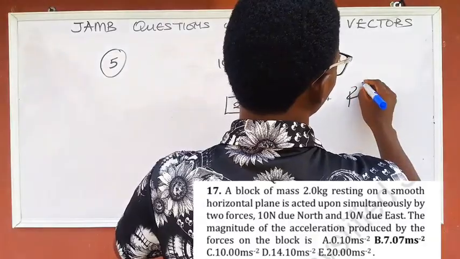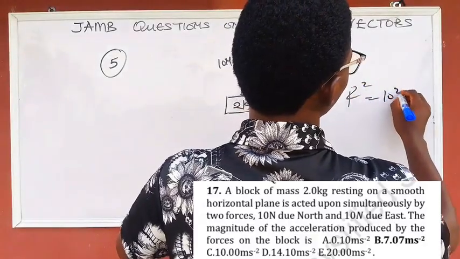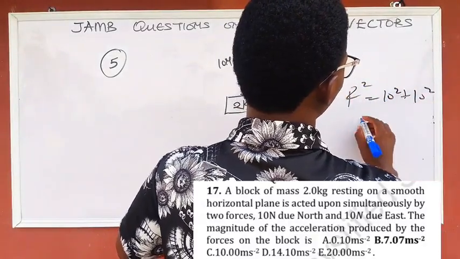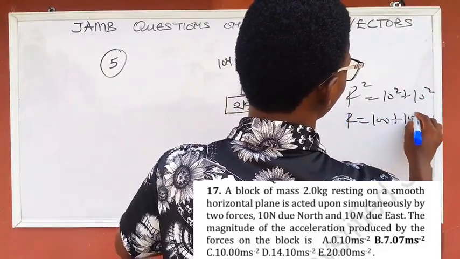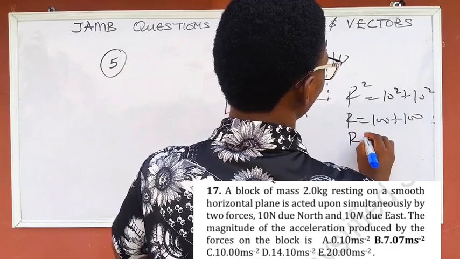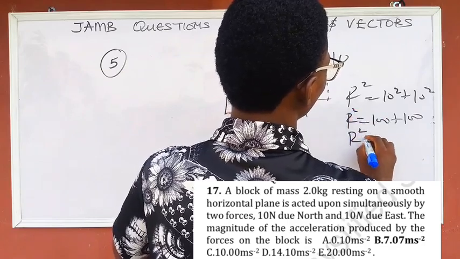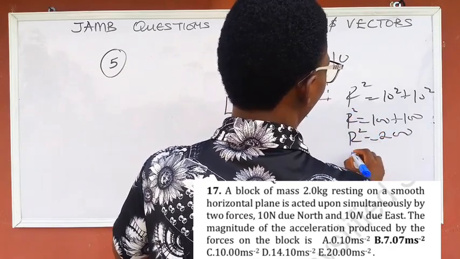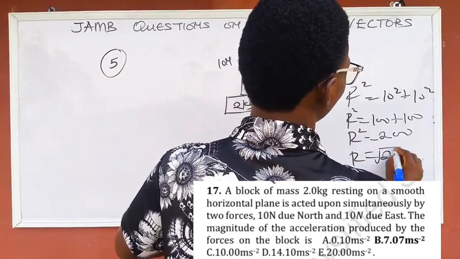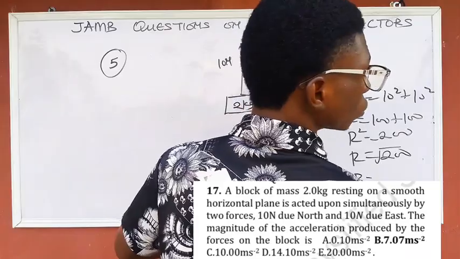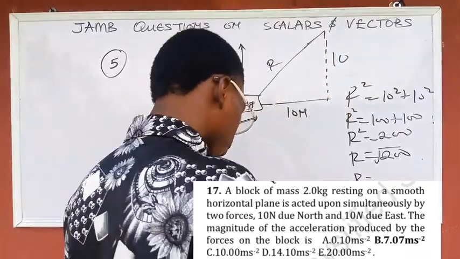R squared equals 10 squared plus 10 squared. R squared is equal to 100 plus 100. R squared is equal to 200. And then R will be the square root of 200.